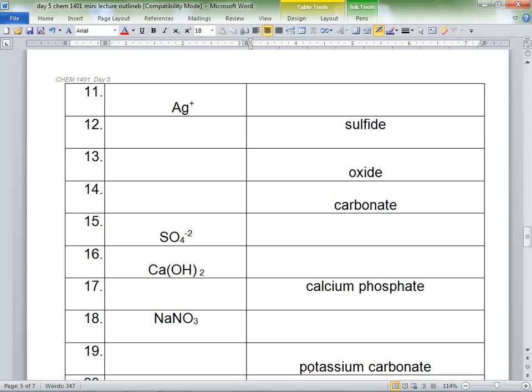Not gold. Gold is Au. Silver. Okay, you're close. It's in the group B stuff. What was that? Roman numeral 1. Yeah, it's just a plus. I don't know why they leave the 1s off, but that's fine. Just understood.